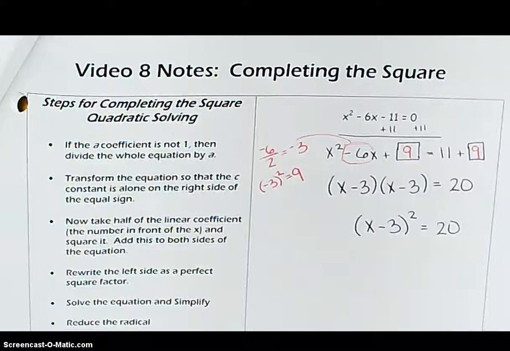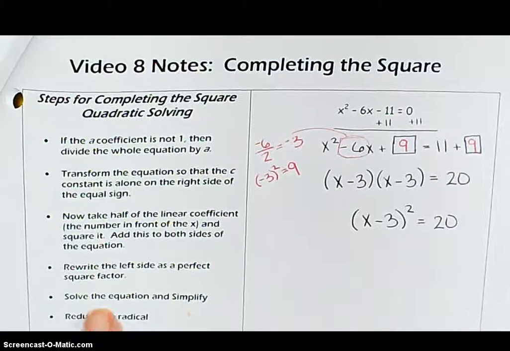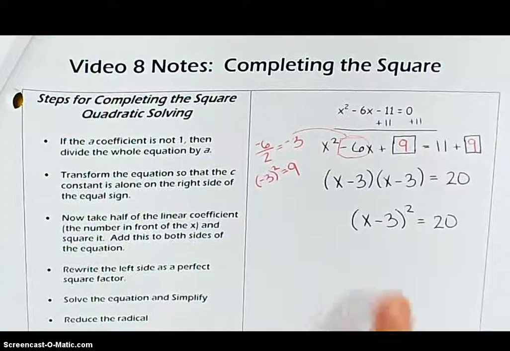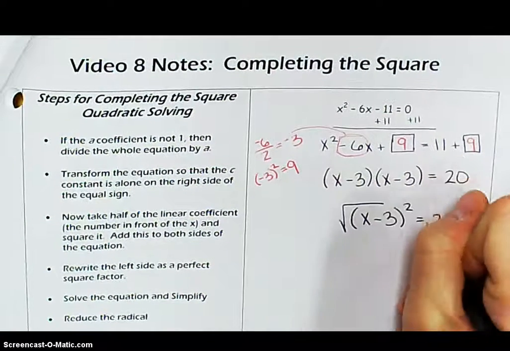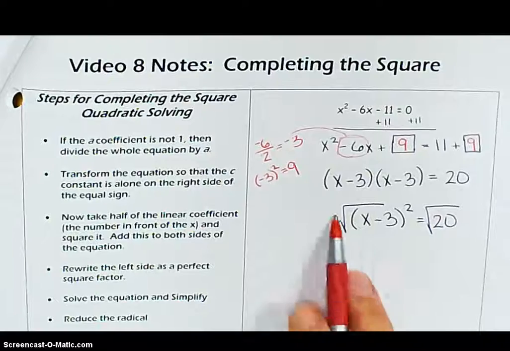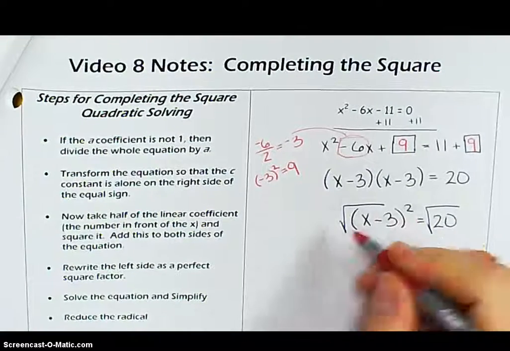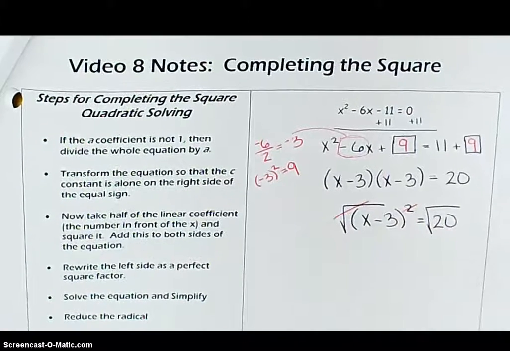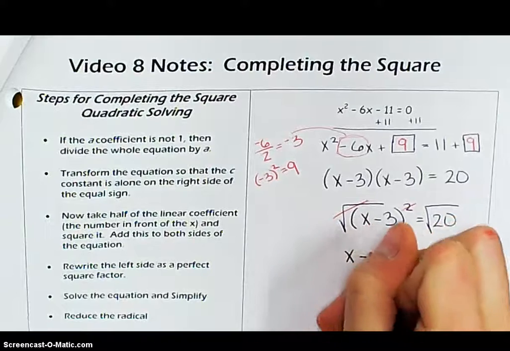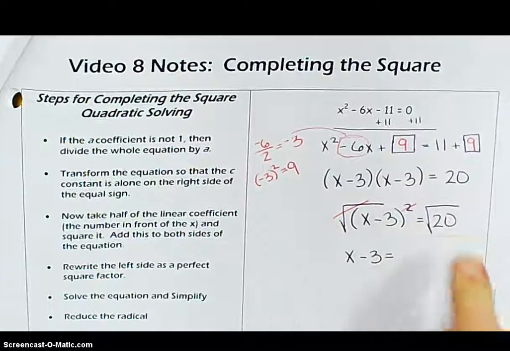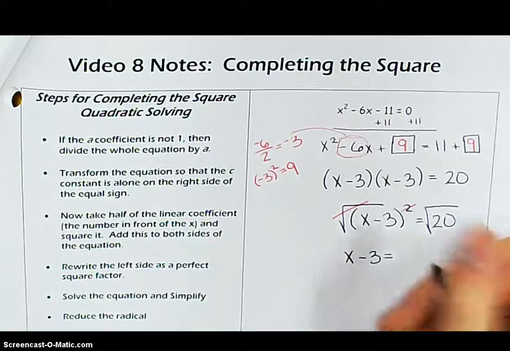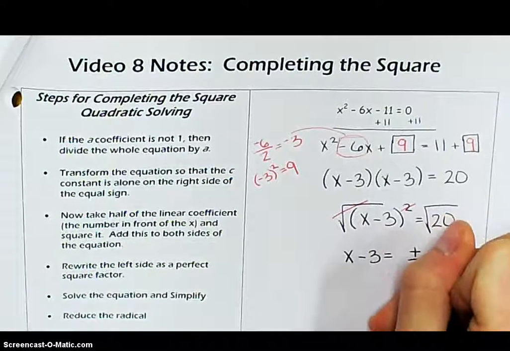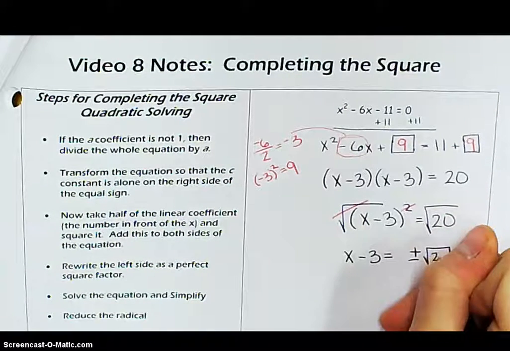Now we want to solve for x. So we're going to solve the equation and simplify. To solve this, we need to get rid of the squared. So to get rid of the squared, we're going to take the square root of both sides. And when you have a square root and a squared next to each other, they cancel each other out. So here we have just x minus 3 is equal to, now we learned that when you take the square root of a number, you actually have the positive and negative of the answer.